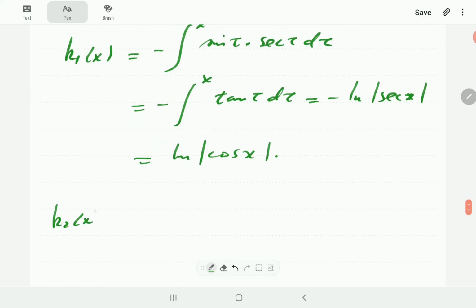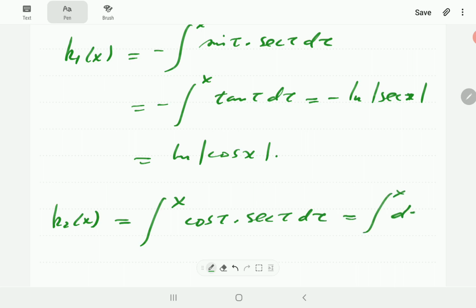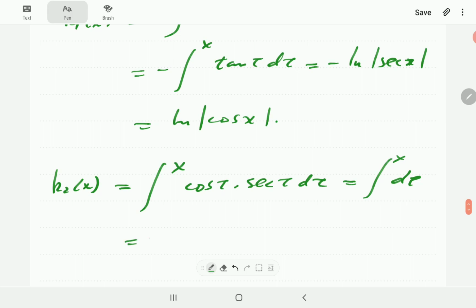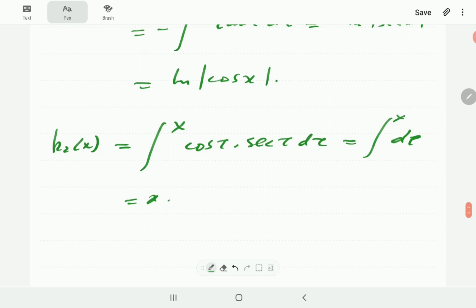So that is our k1. Then k2 is the integral of y1 times f. This time we just have the integral of d tau, so this is going to be x.